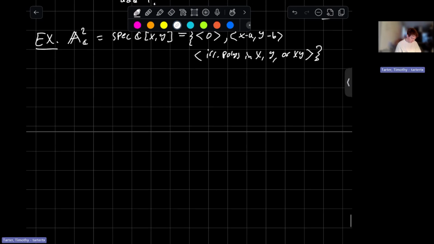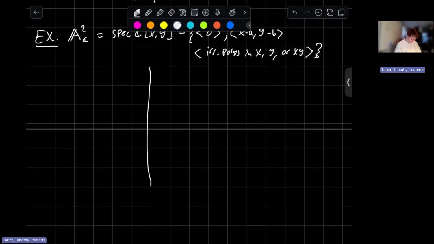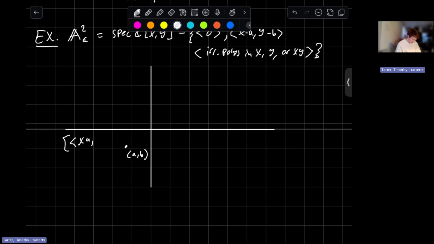So the picture, the figure of the affine plane over C is, if you have a point (a, b), then this is really the ideal generated by x minus a, y minus b. 0 lives somewhere.